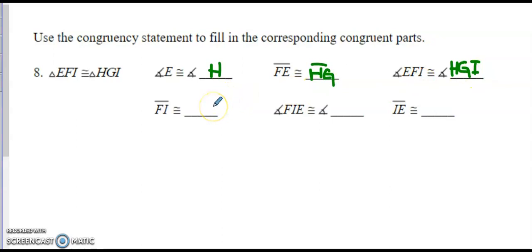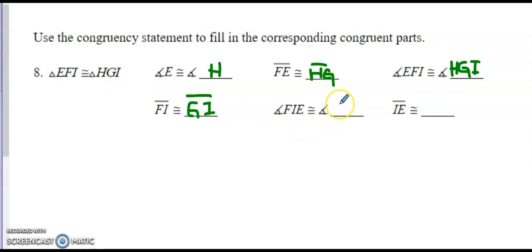In the bottom row, line segment FI are the last 2 letters, so it gets paired up with line segment GI or IG. Angle FIE, I being the middle letter, means I has to be the middle letter of the second triangle.